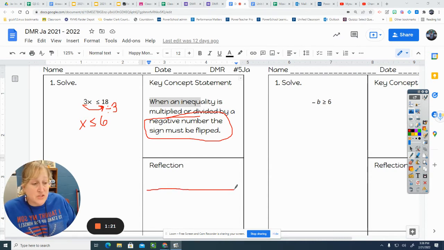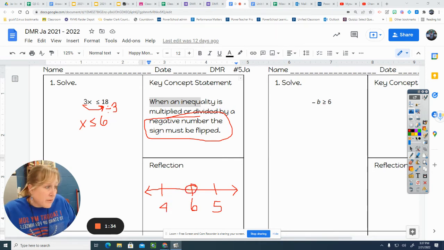So in your reflection, you need to make sure that you understand how to plot this. We're dealing with the number 6. This would be 5. This would be 4. And we have a circle here. Now, hopefully, this little line right under here means equal to.